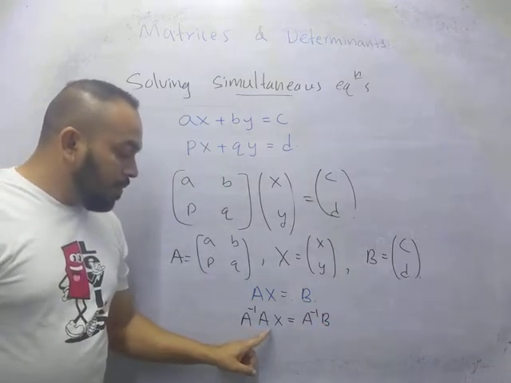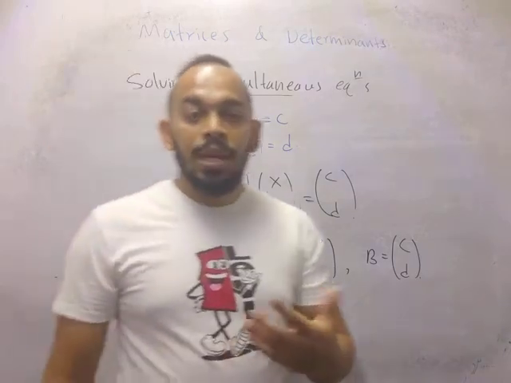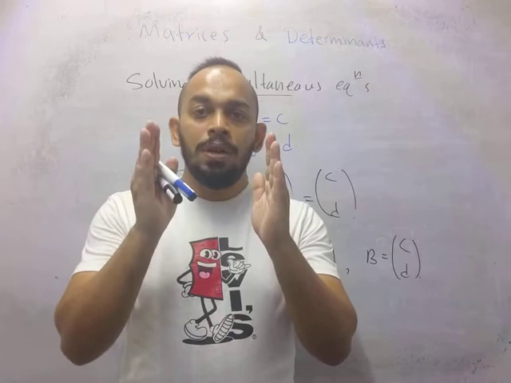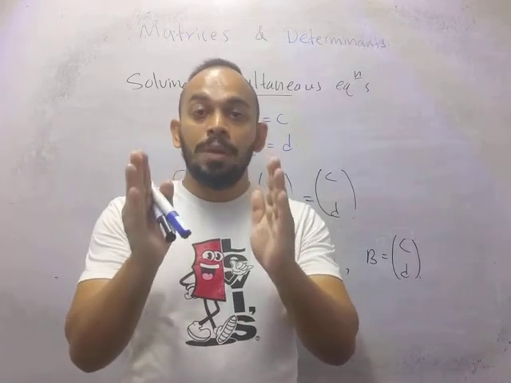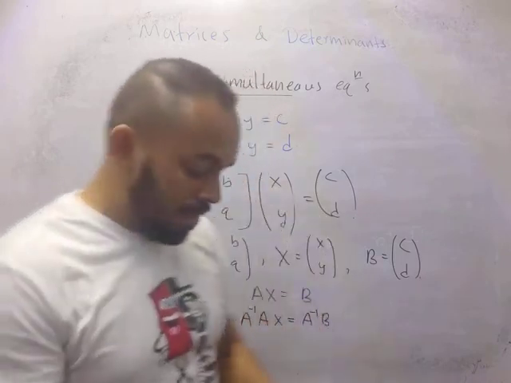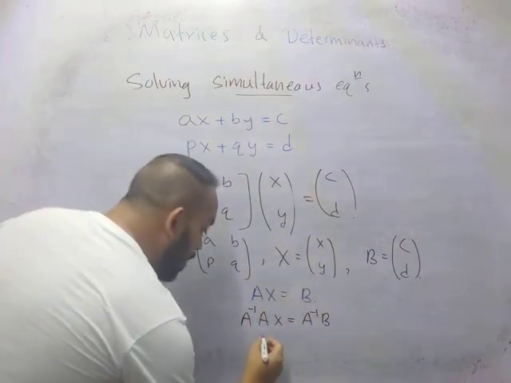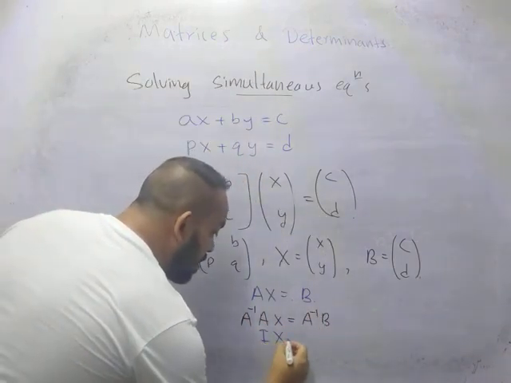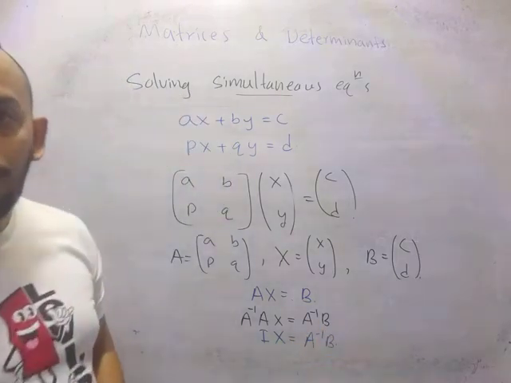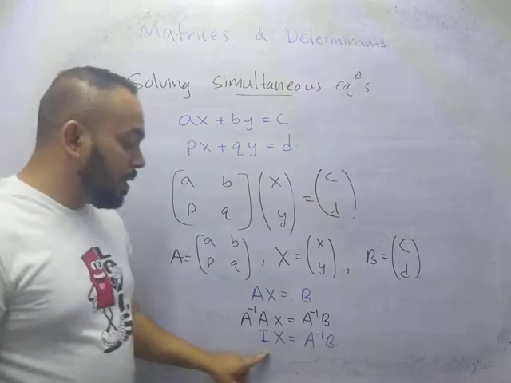Then A inverse into A, we learned that when you multiply a matrix by its inverse, that is equal to the identity matrix. So here we have I times X equal A inverse B.